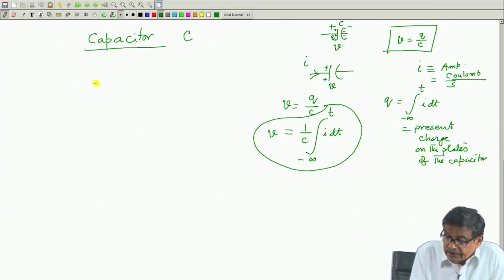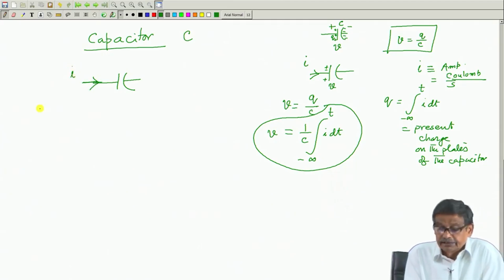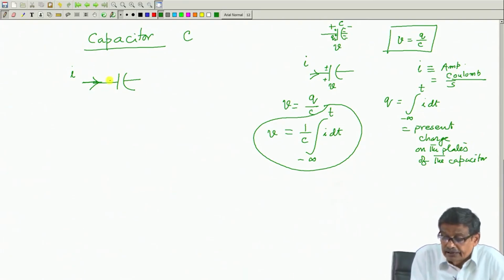If you are showing this as the current direction, this is my prerogative, I can choose in any way, but once you choose that, better choose the voltage of this plate and this plate to be plus and minus, and this is the voltage.